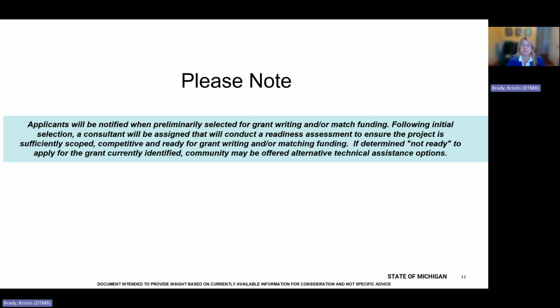These kinds of things can all be uploaded to the application, and it gives us a more robust, more well-rounded look at your project and where it is right now. It helps us determine if it will be competitive. So those are some things to think about.